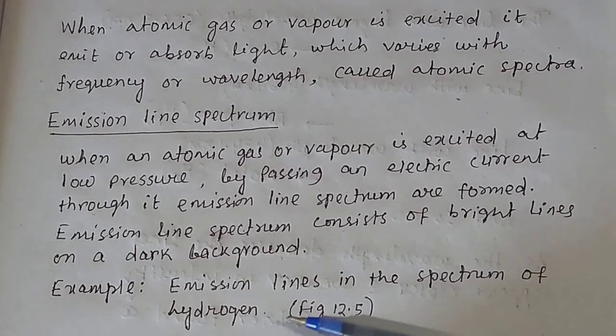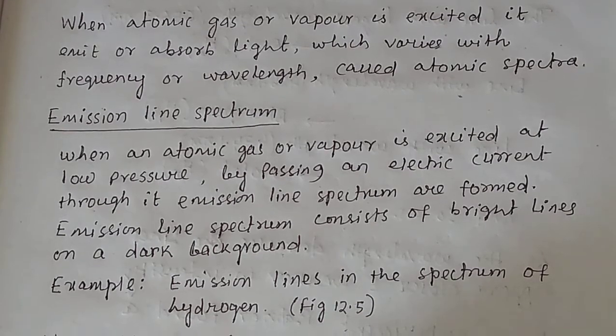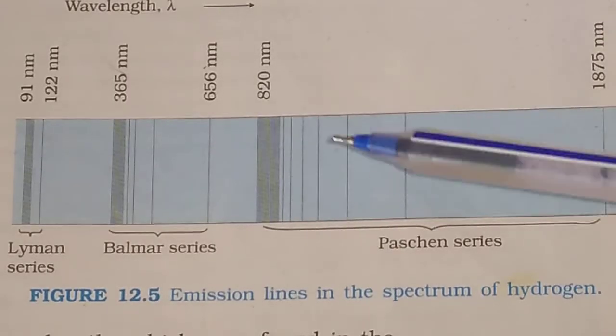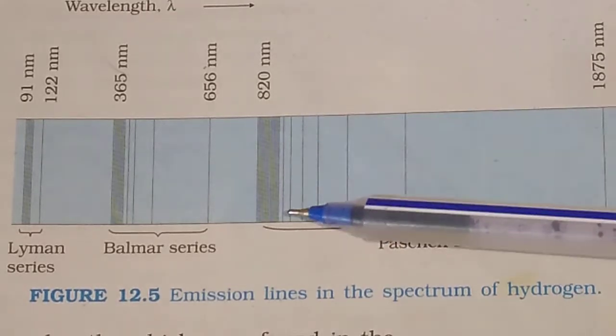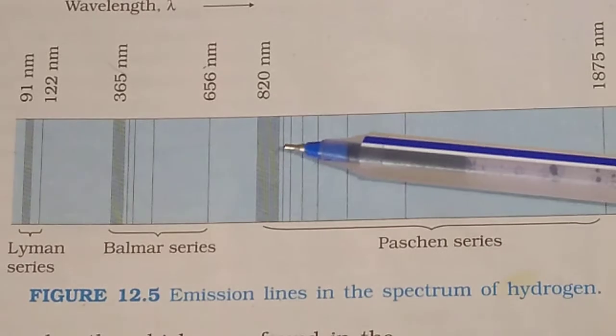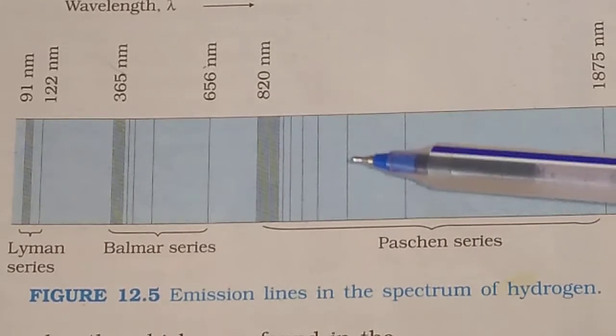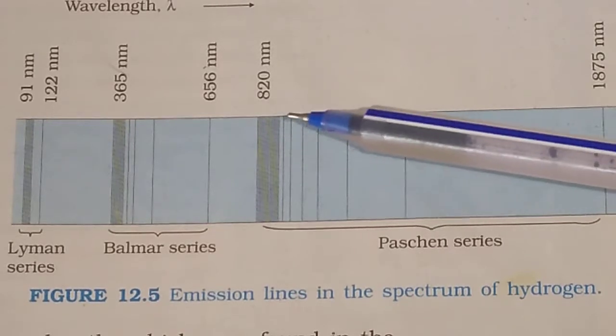For example, emission lines in the spectrum of hydrogen. These are the emission line spectrum of the hydrogen atom. Here you see the emission lines are bright lines, and the background is dark.